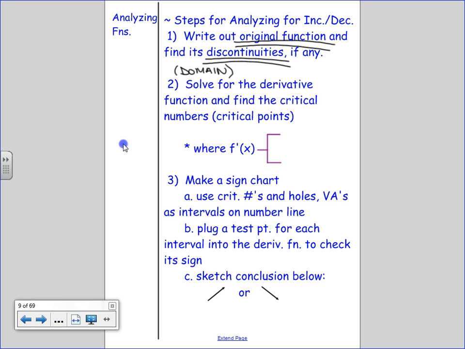Step number 2, I need to consider the derivative function and its critical numbers, which is what we already talked about. Top equal to 0, horizontal tangent lines, bottom equal to 0, vertical tangent lines.